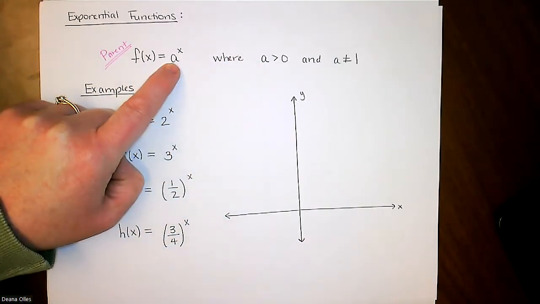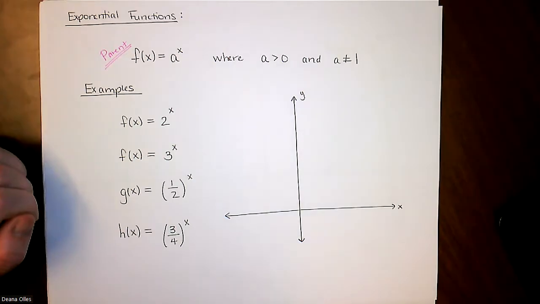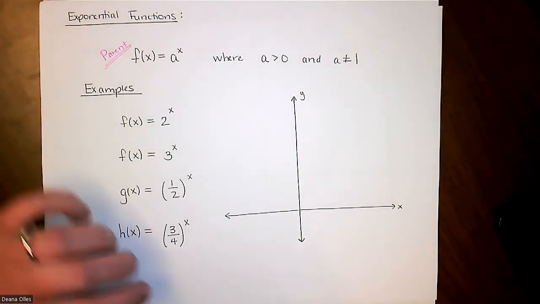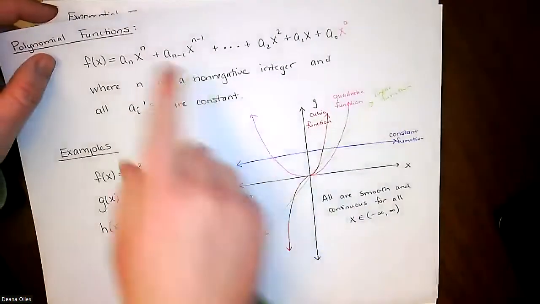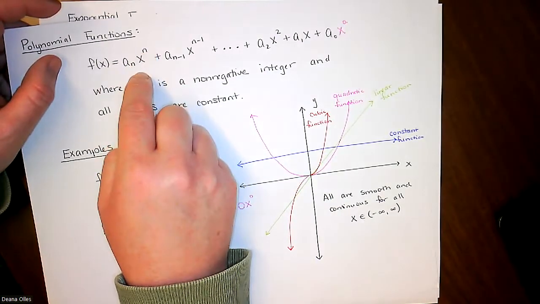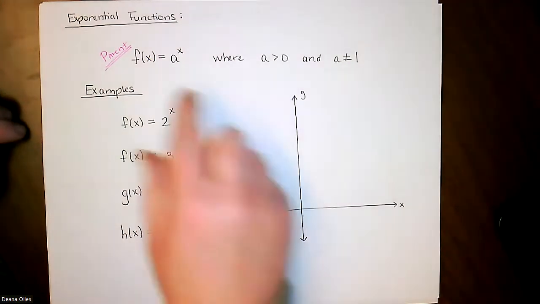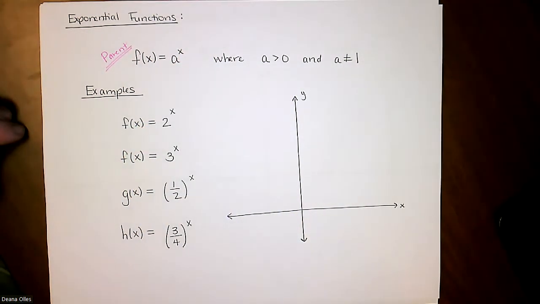And it can't be equal to 1 because 1 to any power is 1, and then that just becomes a constant. So a can be any number greater than 0, but not 1. So the difference here is we're raising variable powers to constant exponents, variable to constant for polynomial. Reverse that, and now we're writing constants to variable powers for exponential functions.